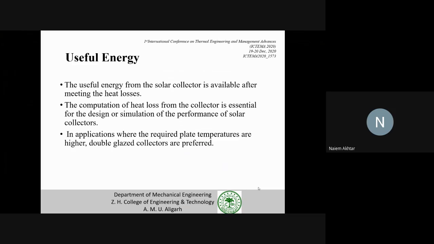So the computation of the heat loss from the collector is essential for the design or simulation of the performance of solar collectors. And in applications where the required plate temperatures are higher, for example, in the box type solar cooker or for the flat plate collectors applied to vapor absorption refrigeration system, in these cases the required plate temperatures are higher, so double glaze collectors are preferred.